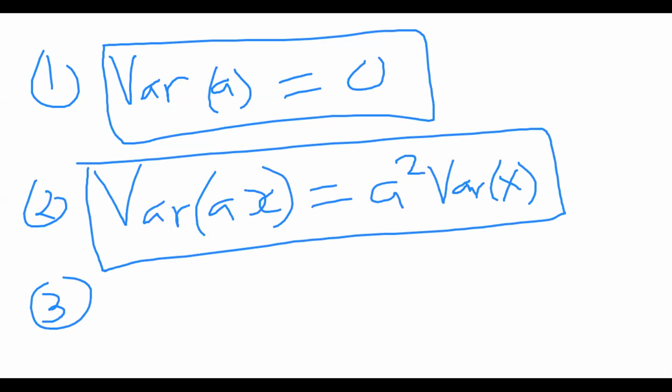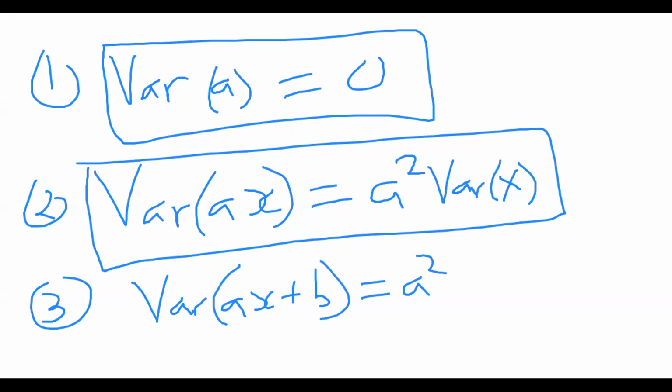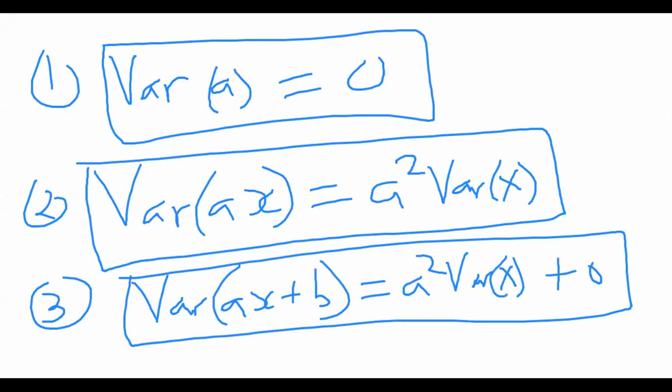Implying that you have the variance of ax plus b. This is now like a function. Open the bracket. This is the same as a squared variance of x, plus 0.